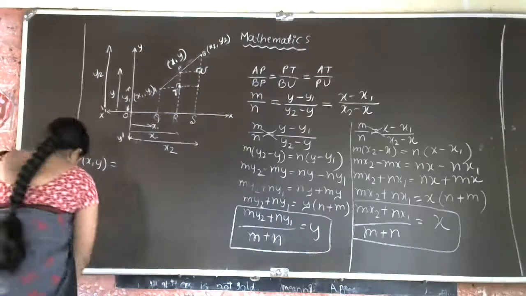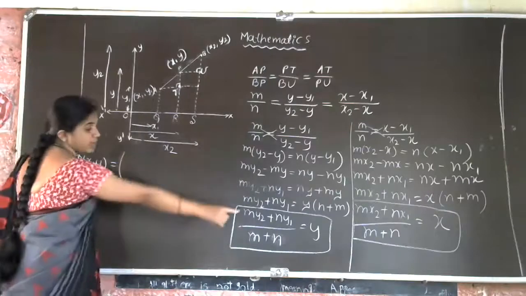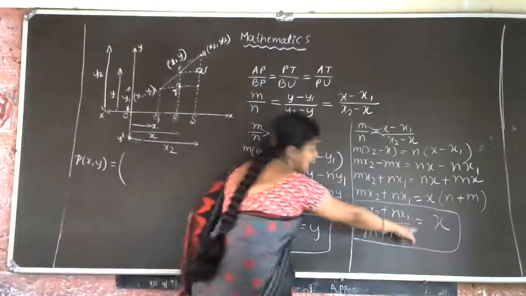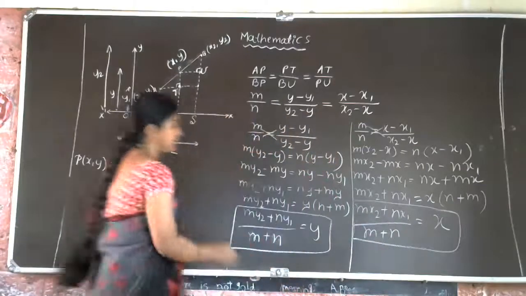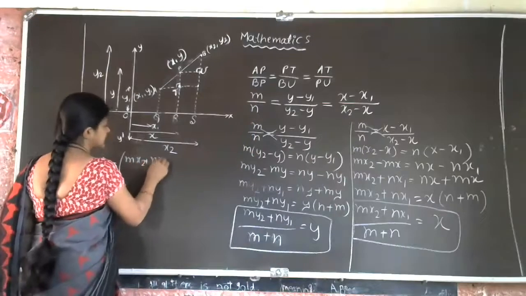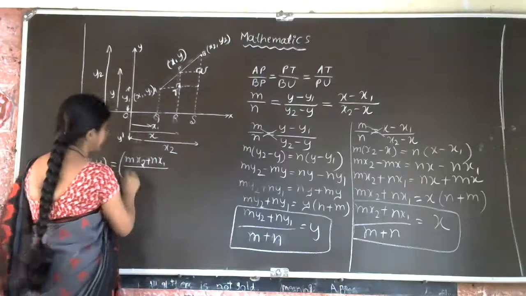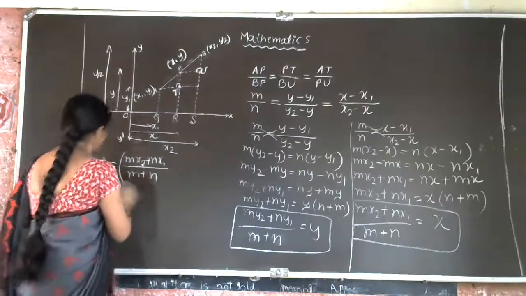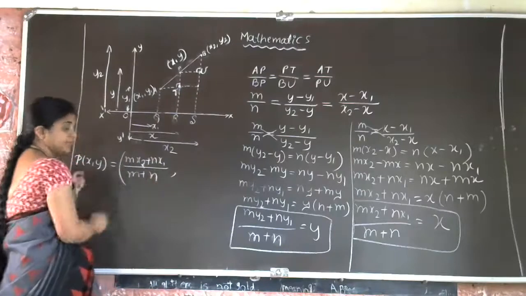So P of x comma y is equal to, now what we got as the x value? The x value is mx2 plus nx1 divided by m plus n. Comma, y.